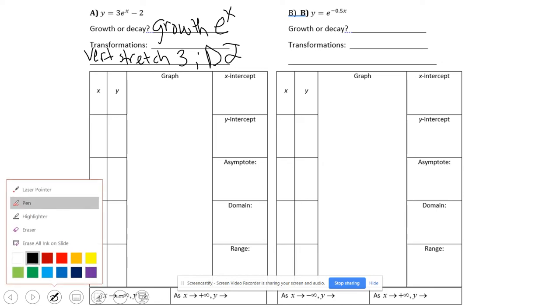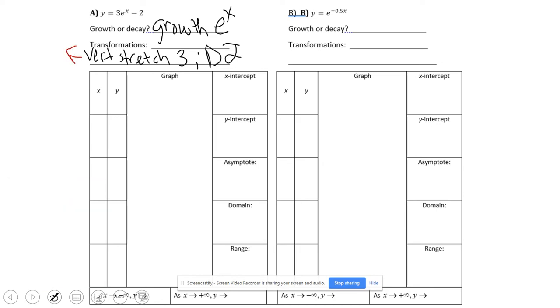A vertical stretch of 3 means, again, that you multiply the y values by 3. And after we do that, we move everything down 2.